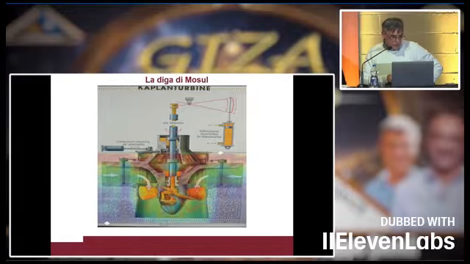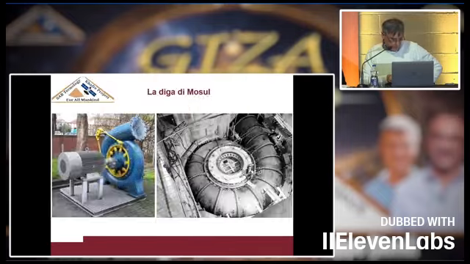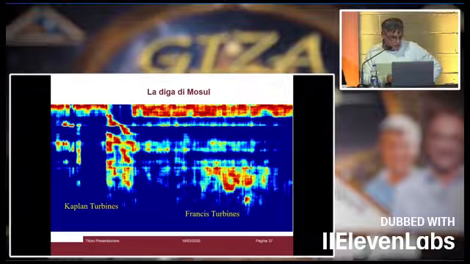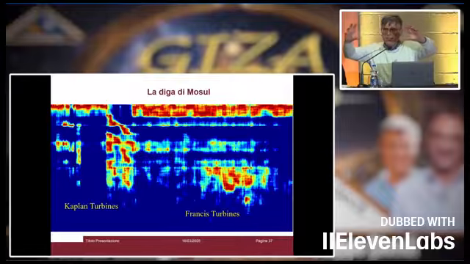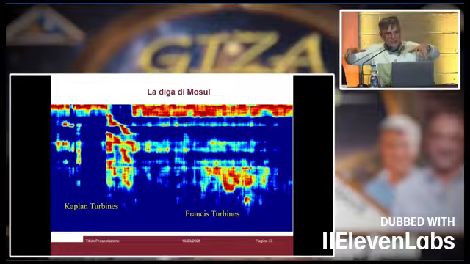So we took the image of the turbines. These are other turbines that we have seen. This is just to show you that it is possible to view the technical area inside the dam, inside the energy structure of Mosul.